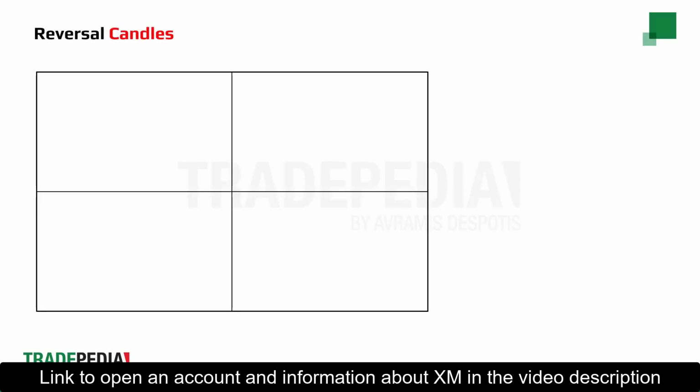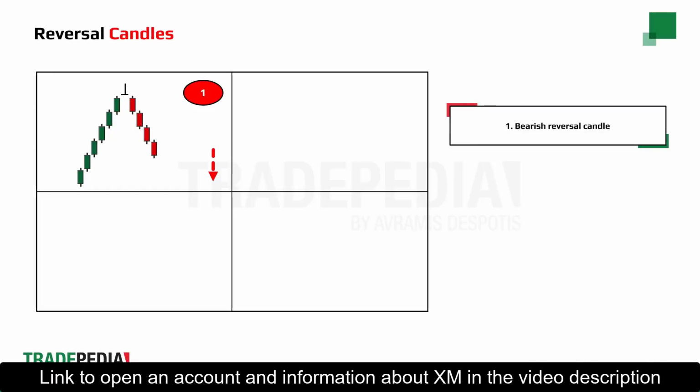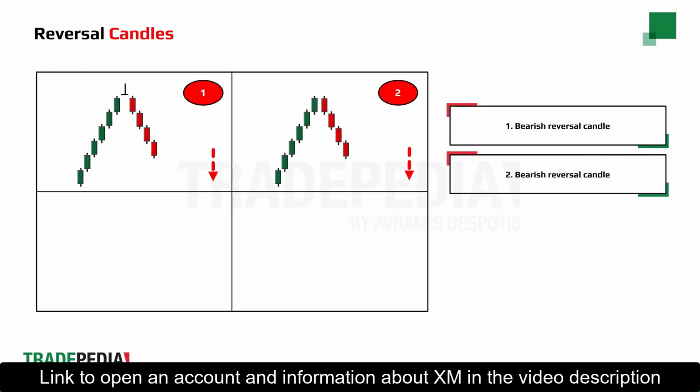A bearish reversal candle is simply a bearish candle with a big body, reversing the price action of the last green candle. In pattern number 1, notice how the red candle is closing with a big bearish body, and this is why it is considered a bearish reversal candle. In pattern number 2, the first red candle also possesses a big body and is considered a bearish reversal candle.